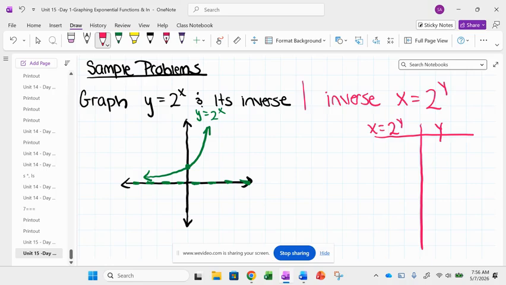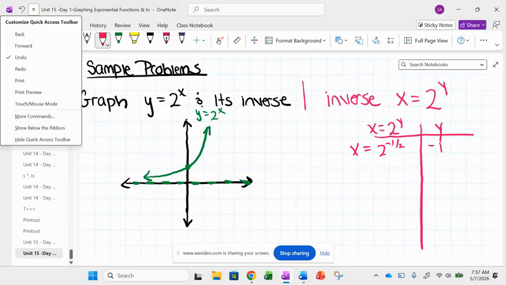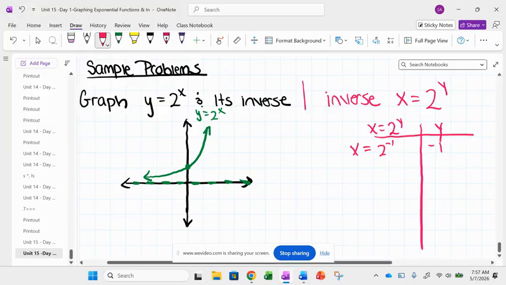I'm going to say -1 for y. If y is -1, x is going to be equal to 2 to the negative first power. So do we agree that's going to be a half?